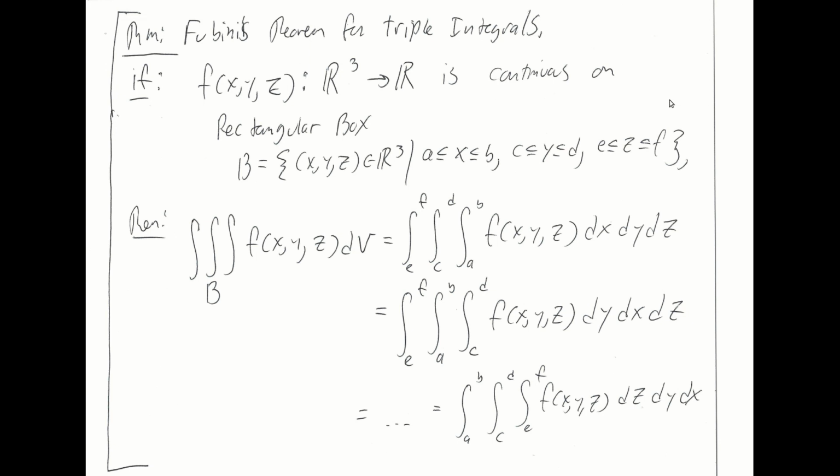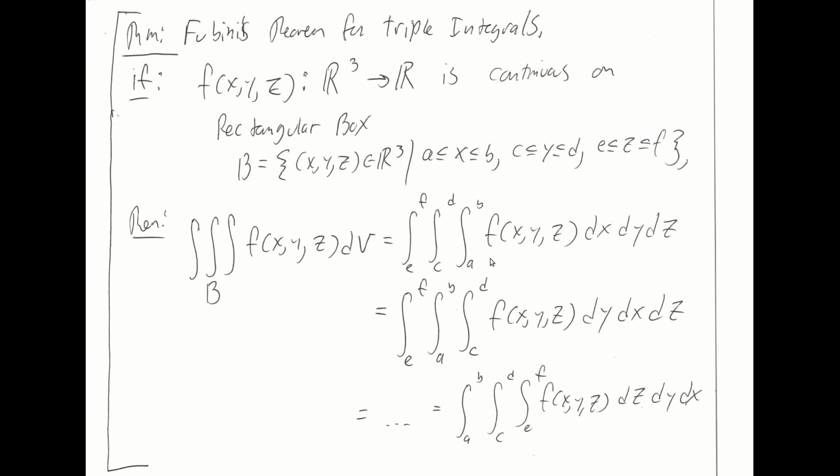So we will state the theorem formally. If f maps R3 to R, if it is continuous on a rectangular box of this type, where x is bounded between a and b, y is bounded between c and d, and z is bounded between e and f, then the triple integral of f over B is given by any of these iterative integrals.